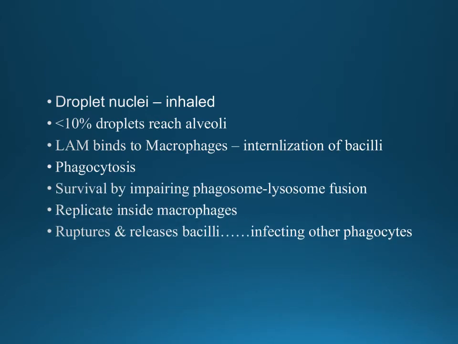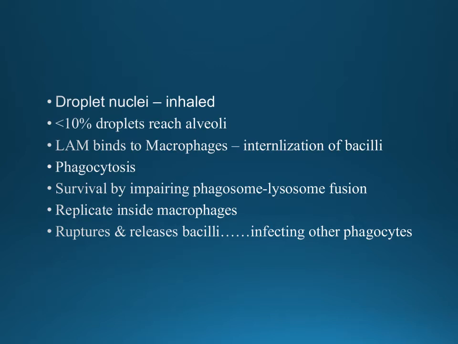Now, when this bacteria enters the macrophages, a phagosome will be formed, and lysosomes are present within the macrophages. So phagosome and lysosome fusion takes place, which will kill this bacteria. But this LAM, the lipoarabinomannan, will block the fusion of the phagosome and lysosome.